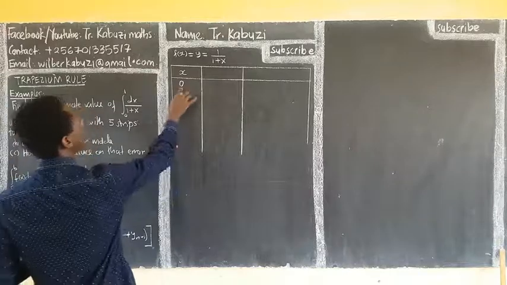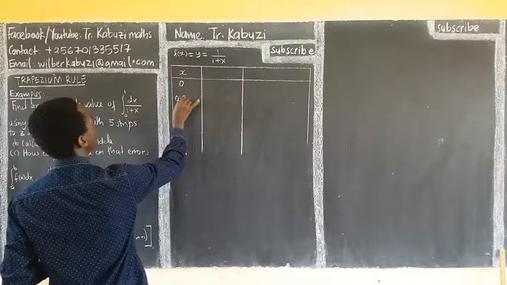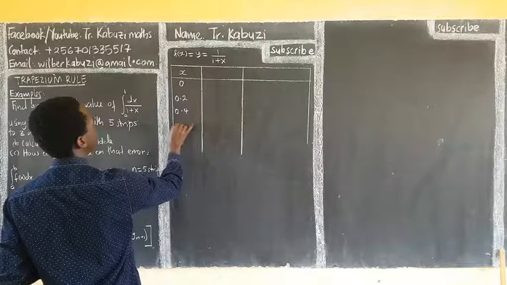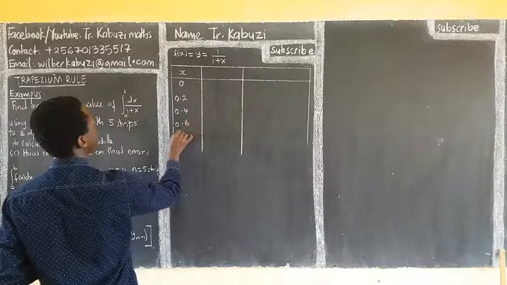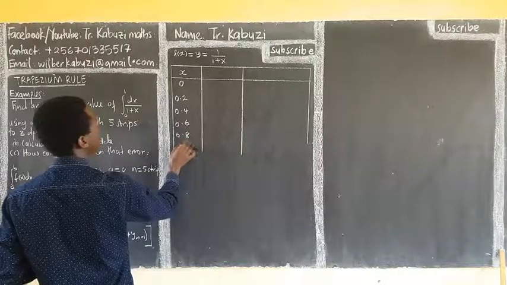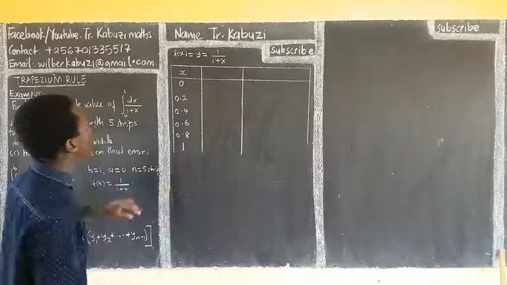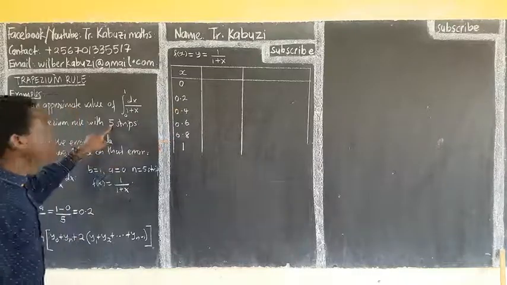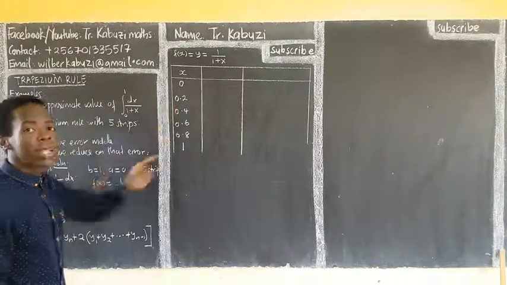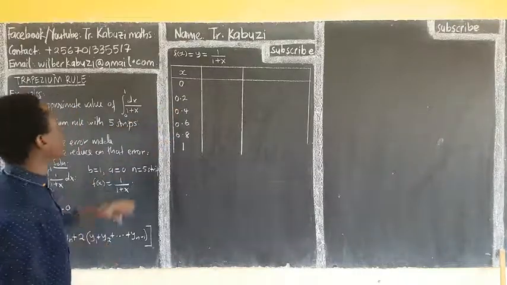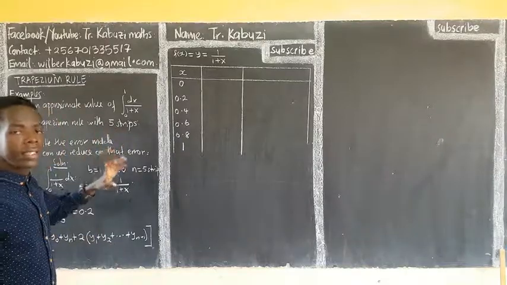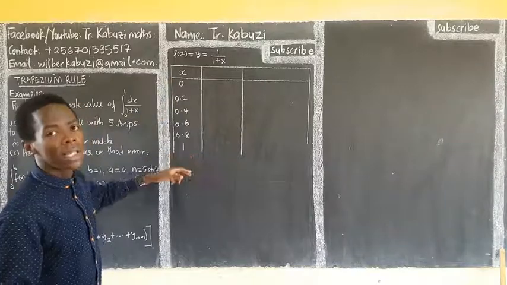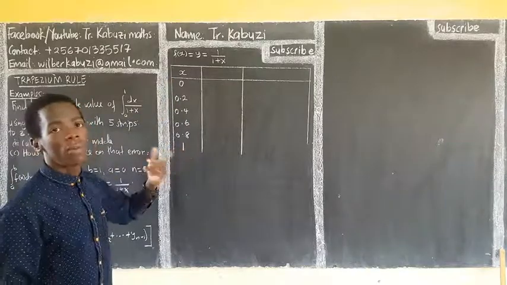So here we add 0.2 to get 0.2, 0.4, 0.6, 0.8, then 1. So you see there 1, 2, 3, 4, 5, 6. The strips were n, so these are always more by 1. If they give you ordinates, then it's the same number. So if we have 6 x values, it means that the y values are going to be 6.